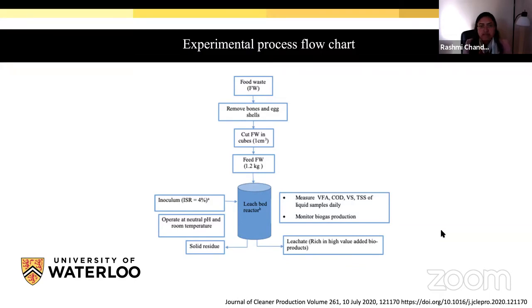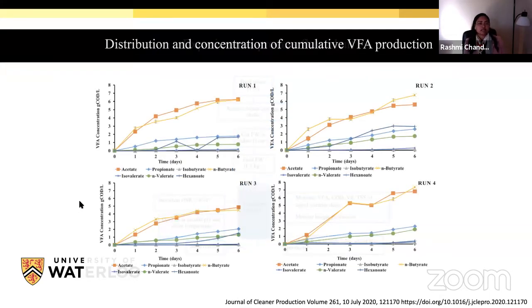So after that, when we started analyzing the VFA content, runs 1, 2, and 3 are basically with the defined food waste. But in run 4, which was a real food waste, we are able to get a higher concentration of acetate and butyrate, which are the two VFAs you will get most of the time.